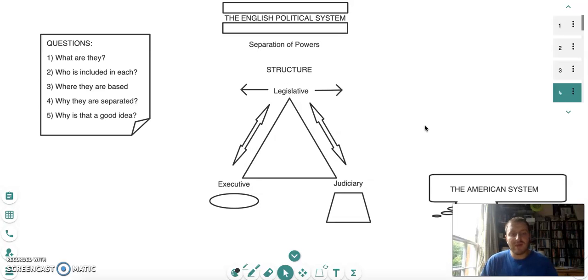Now, to question 3, where are they based? I imagine you know the building where the legislative is based. Do you know where the House of Commons are? It's that big building right on the river, opposite the London Eye. Lovely place. And where's the executive? Again, a very famous door, probably, that you'd recognise. Yeah. So number 10. And the judiciary, you probably would less know where the Supreme Court is, but you might.